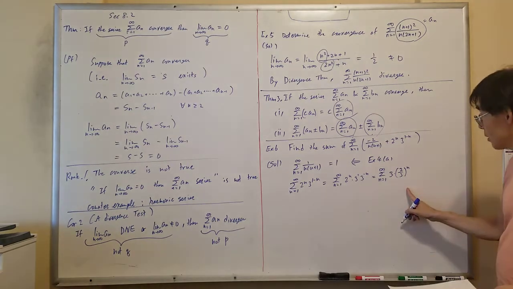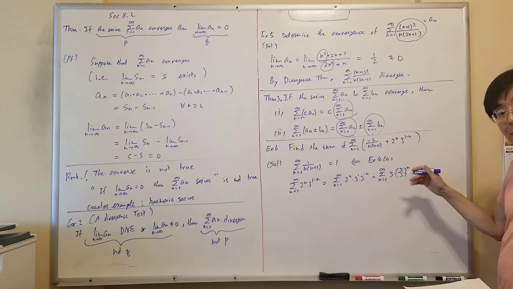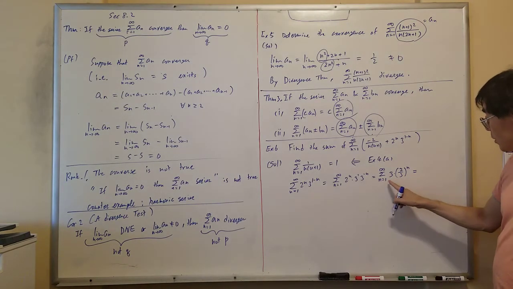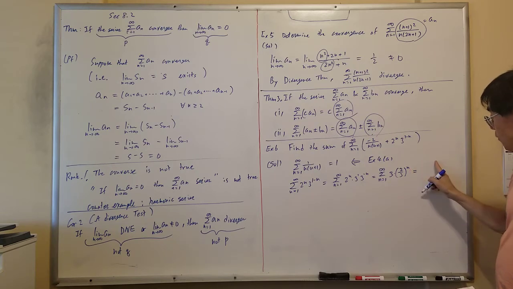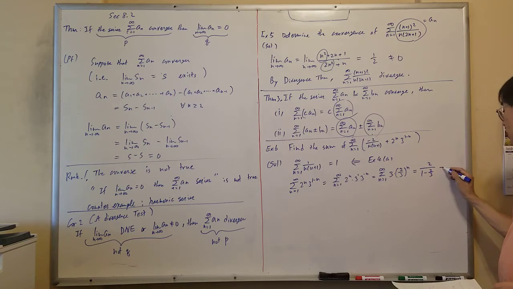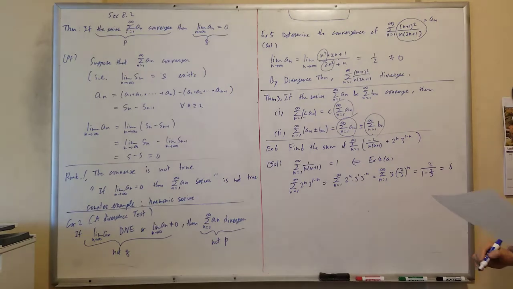So this is also convergent because your common ratio 2/3, in absolute value, is less than 1. And with the first term at n equals 1, the sum is a over 1 minus r, with a equals 2 and 1 minus r equal to 1/3. So 2 divided by 1/3 is 2 times 3, which is 6.